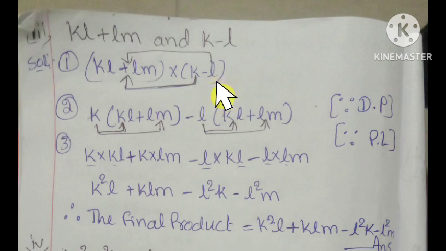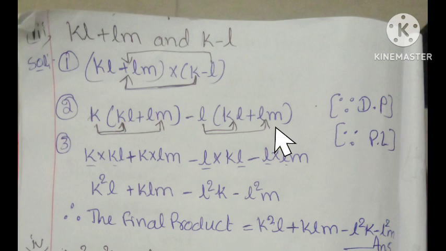Next, step 2: multiply each term of the first polynomial by each term of the second one, by using the distributive property. First multiply the first term of the first binomial by the second binomial, and multiply the second term of the first binomial by the second binomial.